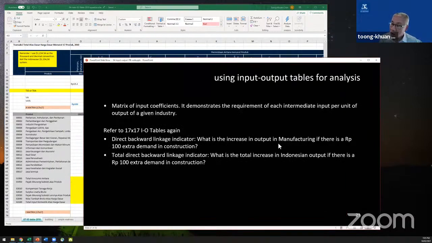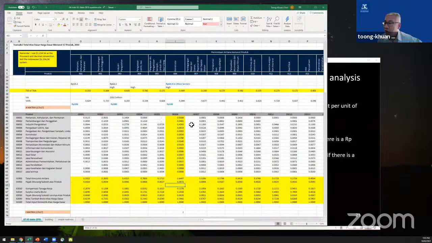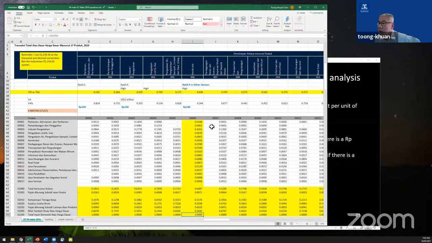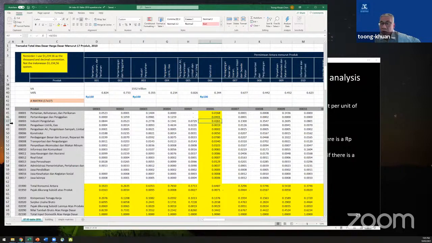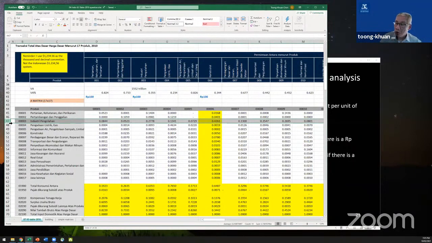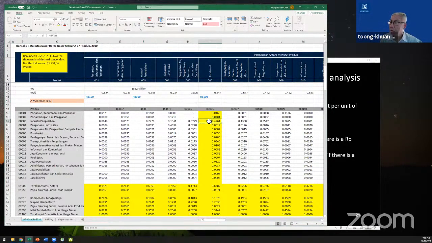What is the increase in output in manufacturing? So if we look at manufacturing, so this is 1, and manufacturing is, let me just zoom in a little bit so you can see. Manufacturing is this one, right? So a 100 rupiah increase in construction demand will increase manufacturing demand by 42.6 rupiah. Okay, does that make sense?